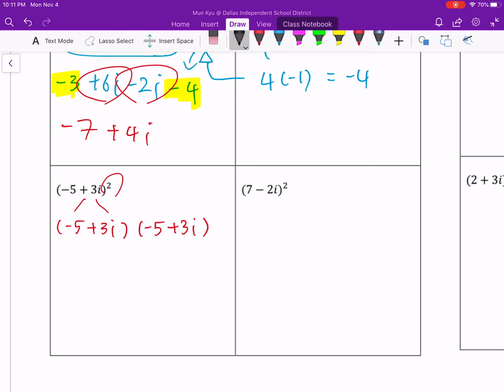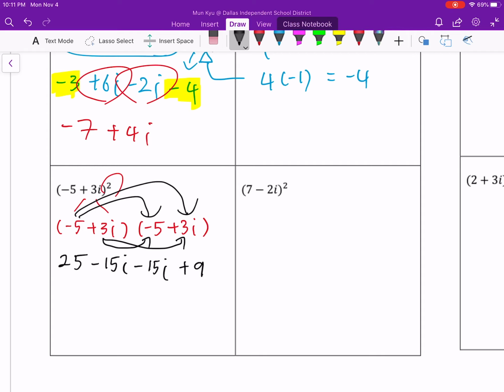And it's the same. FOIL, negative 5 times negative 5 is 25. Negative 5 times 3i is going to be minus 15i. Again, 3i times negative 5 is going to be negative 15i. 3i times 3i is going to be positive 9i squared.